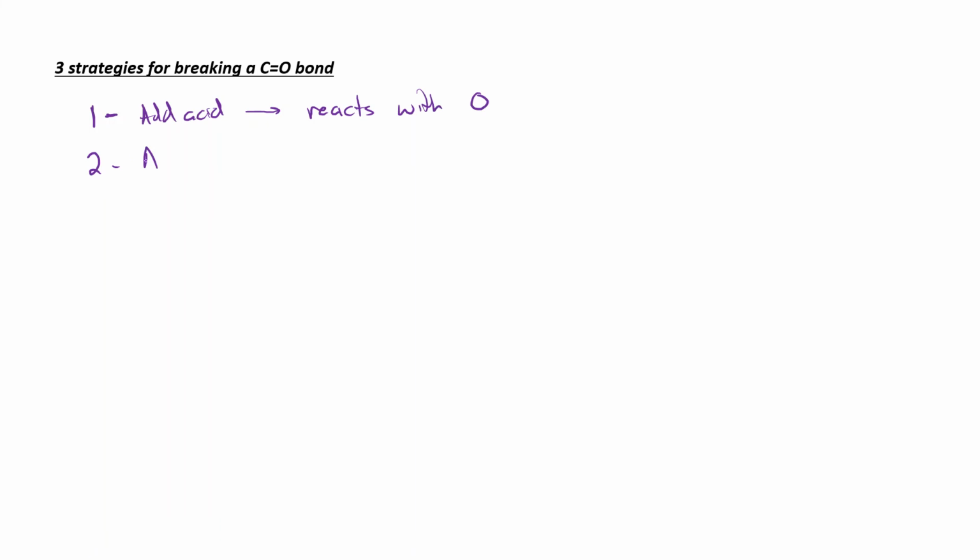The second thing we can do is we can add a nucleophile. The nucleophiles will always react with the carbon of the carbonyl. And the third thing we can do is we can add a base. And the bases will react with the neighboring hydrogen.